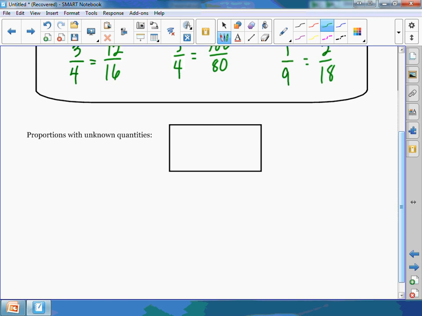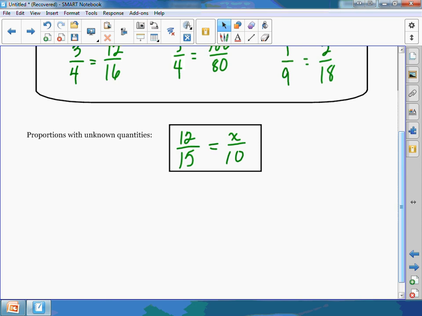So let's just say I give you an example. 12/15 or 12 to 15 is equal to x to 10. And I know you guys can do this. I want you to find me the value of x. It's going to make this a true statement.